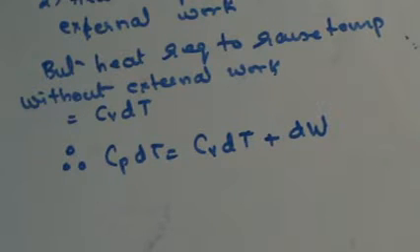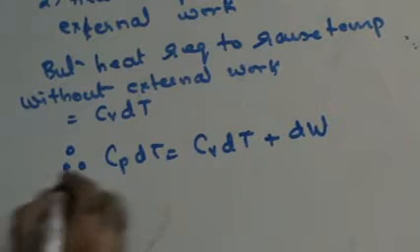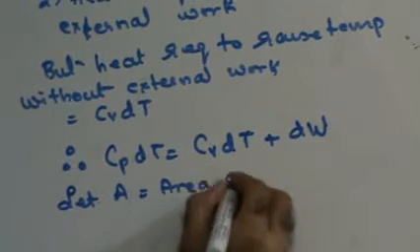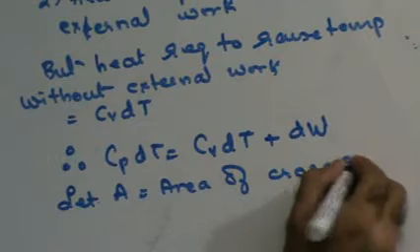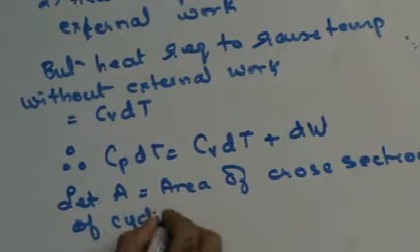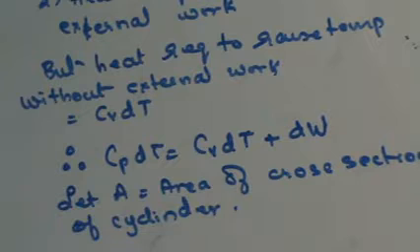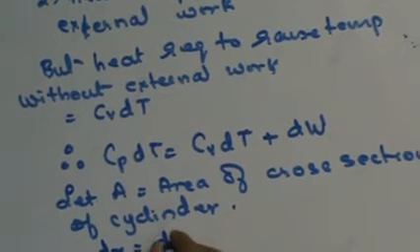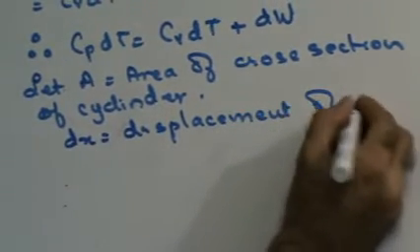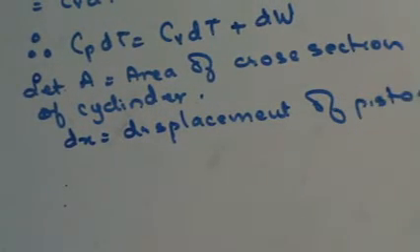Now let us assume that A be the area of cross section of the cylinder, right? And dx is the displacement of the piston, right?